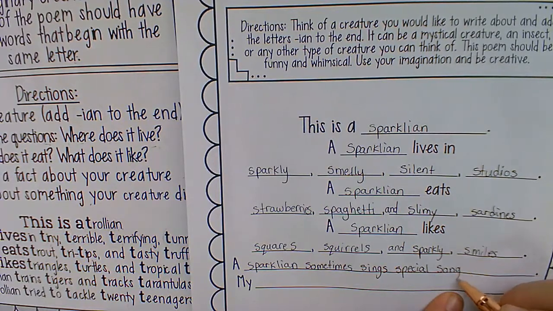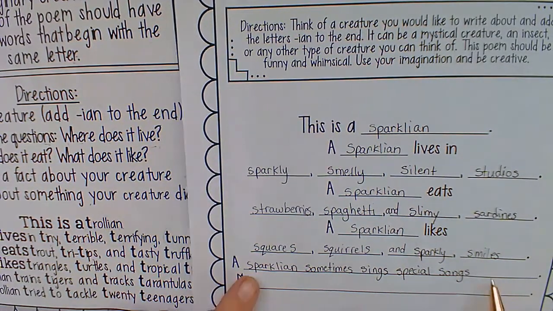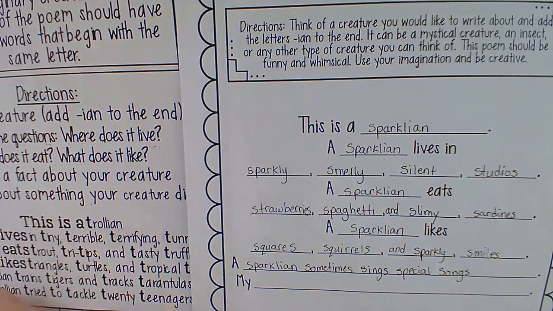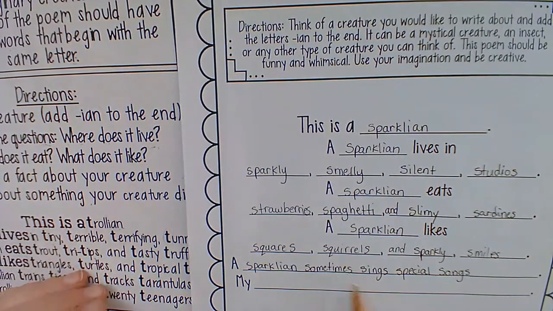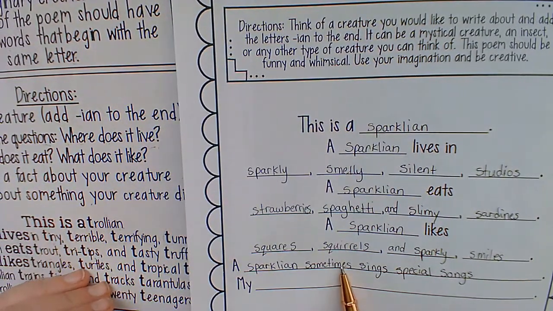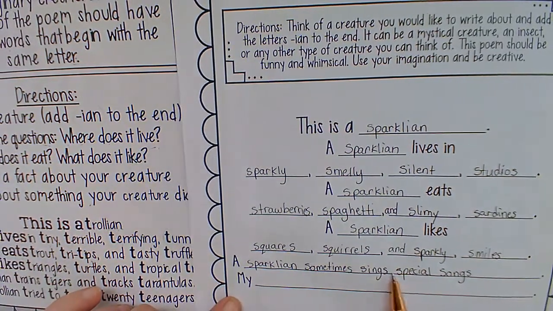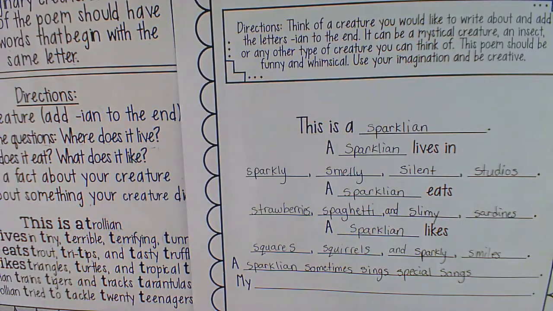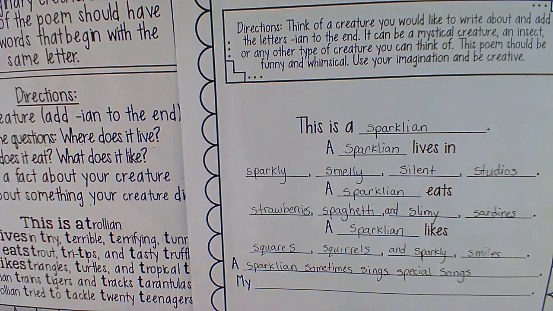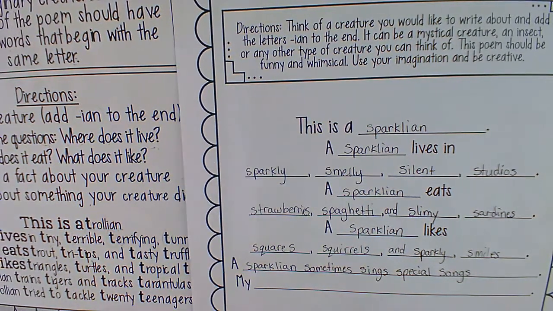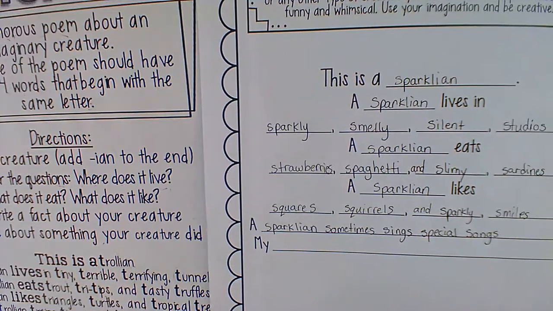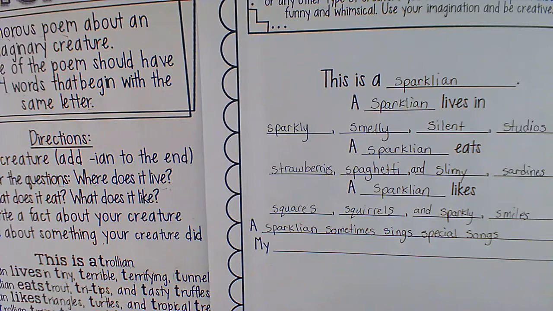Okay, this one can be a little bit tricky, but it can be any fact about your creature. All right, take your time. Don't forget to use Google if you need to come up with some interesting words that start with your letter to tell a fact about your creature. Press pause now. Okay. Oh, I like this one.